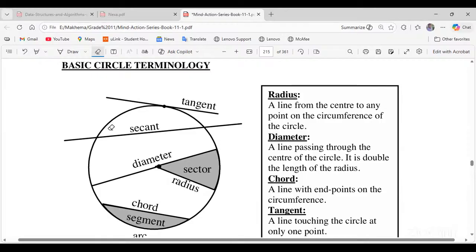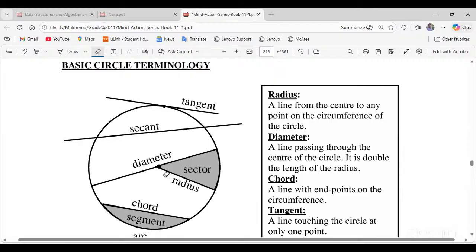We have the circumference, the diameter, the radius, the chord, the segment, the sector, the secant, and the tangent. These are the terms that we are going to use throughout grade 11 Euclidean geometry.